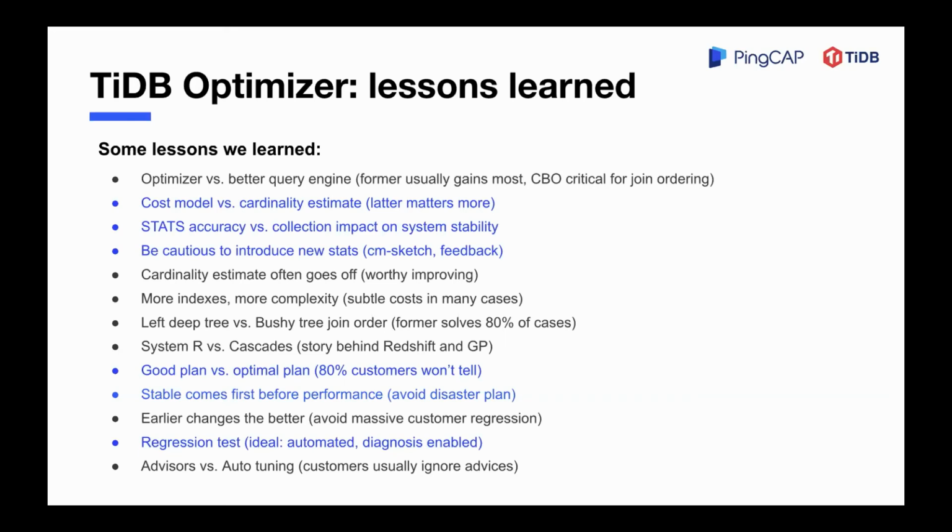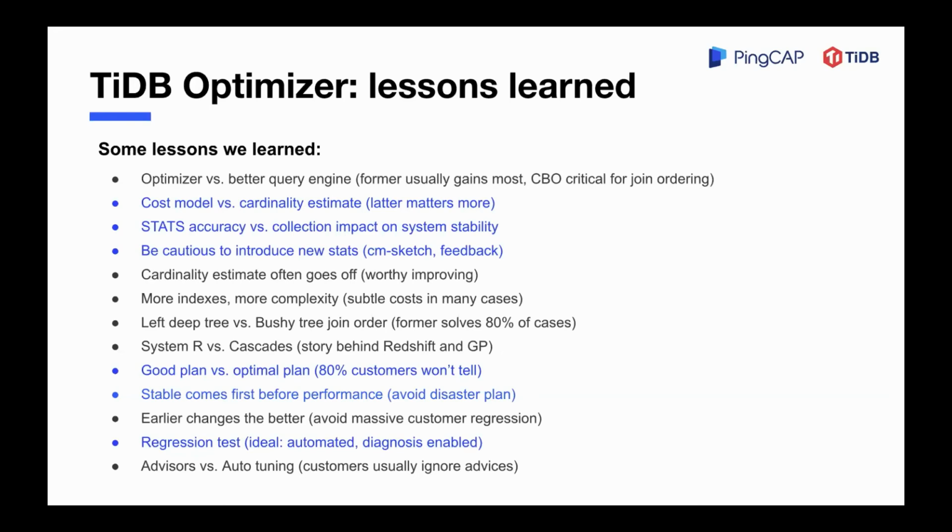Stats are very, very important. You always need to make sure you have up-to-date stats, and enough stats for your index, for your columns, for your query. That's very important. There are also some lessons we learned when you introduce new stats. For example, around TiDB 5.0, we introduced a stats called CM sketch.